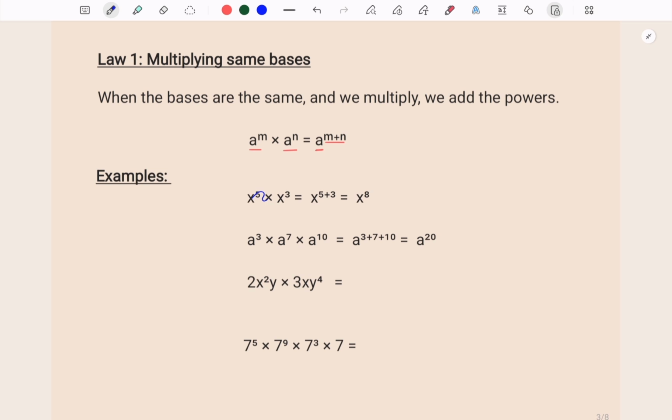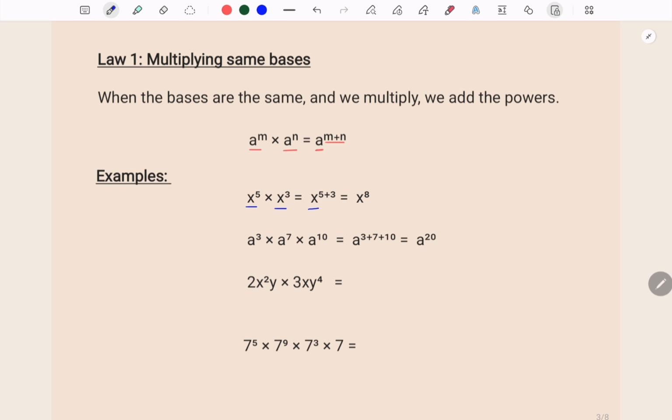Here we have x raised to the power 5 multiplied by x raised to the power 3, right? So here the base is x in both the terms. So I'll keep the base x and then I add the powers. 5 plus 3 gives 8.